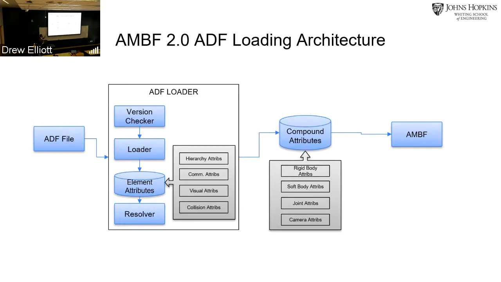And then these attributes are paired together to form compound attributes such as a rigid body attribute or a soft body attribute, and so on and so forth. No change for the end user, but a big change for us, because we can now use a header-only file to give away AMBF data to all the external applications. So if you have worked with OpenVR or OpenXR, it's kind of the same concept.